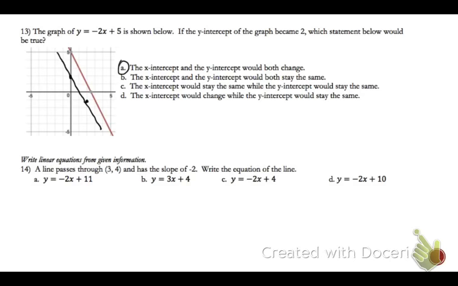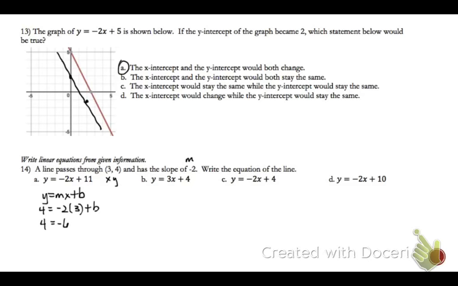14, we have a line that passes through the point 3, 4, and has a slope of negative 2. Write the equation of the line. So the only other thing we need to know is the y-intercept, or the b value. So we'll plug in what we know to the slope-intercept. So y is 4, our slope is negative 2, and x is 3, and we're trying to find b.